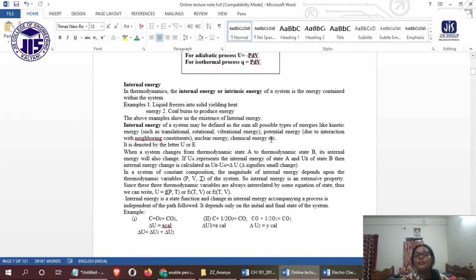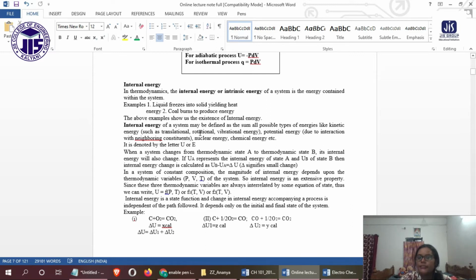Next we discussed the internal energy. All substances have some energy internally, this is called intrinsic energy. This internal energy is denoted by either U or E.